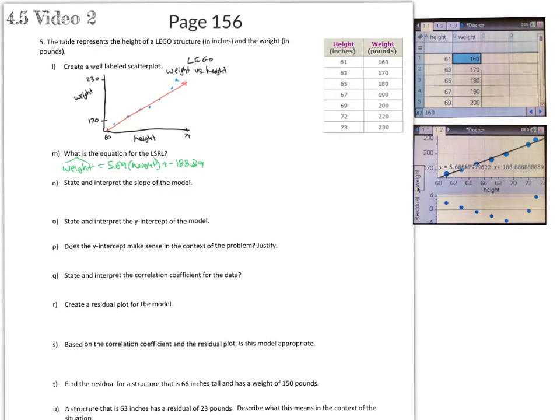Okay. All right, so from there we can already see what the slope and the y-intercept are.